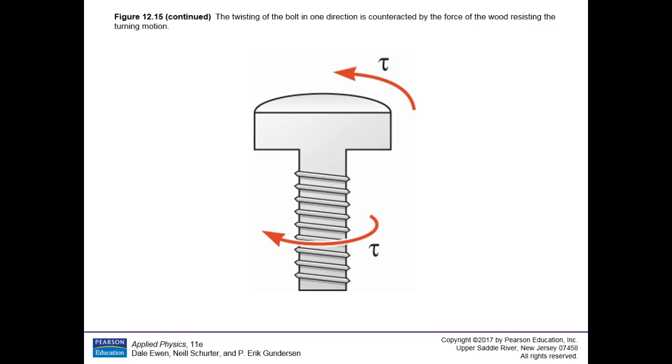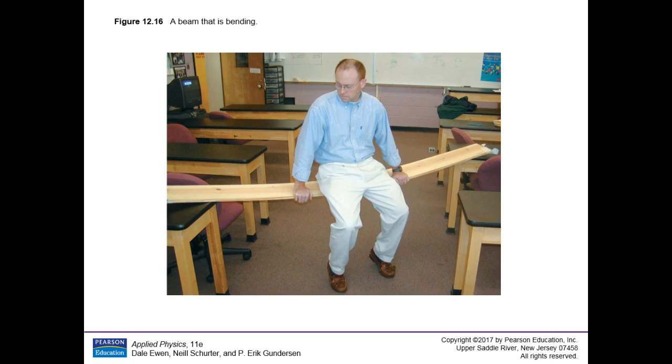And the symbol for torque or torsion is tau. That's the Greek letter, like our little t, that's their little tau. Okay? Now let's see the next one. Yeah, here's the next one. Bending. Bending involves both tension and compression.